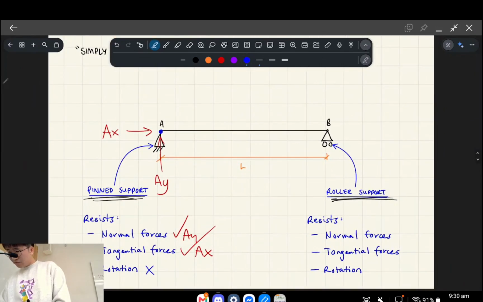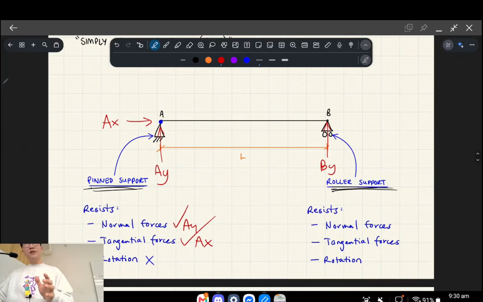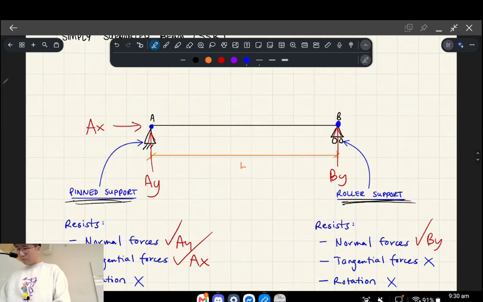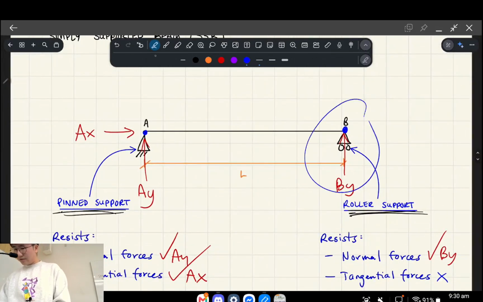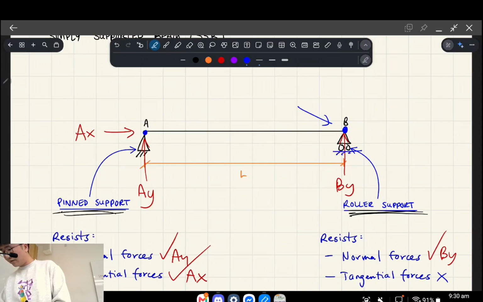The roller support, in contrast, resists, let's call that BY, only the normal forces, and not tangential forces, and not rotation either. So what do I mean by that? Let's look at the roller case. If there's some kind of horizontal force pushing on it, it just freely rolls without friction.